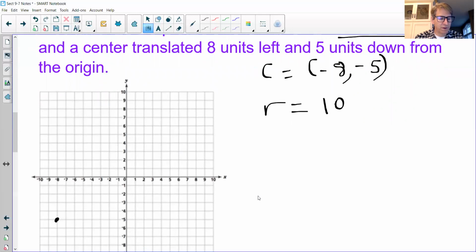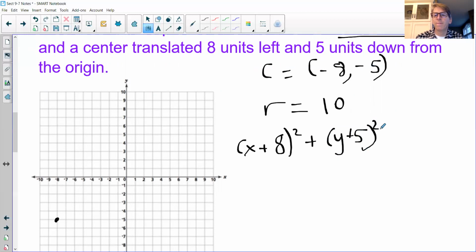All right. x minus the h, which would be x plus 8, and we're going to square that. Plus y minus the k would be plus 5, and that's squared. And that's equal to the radius squared, which is 100.